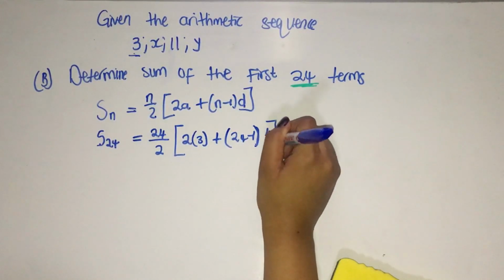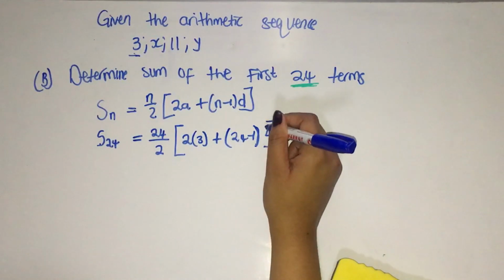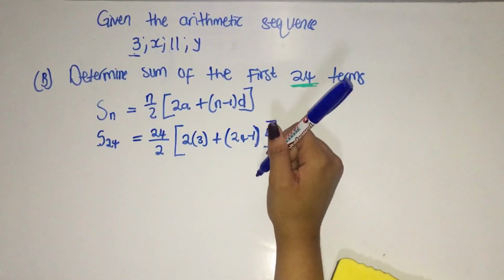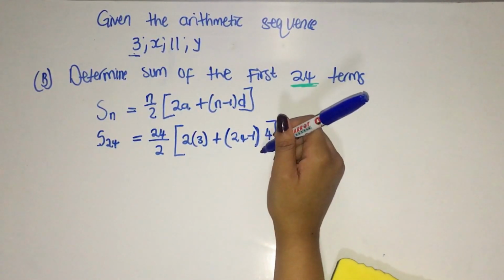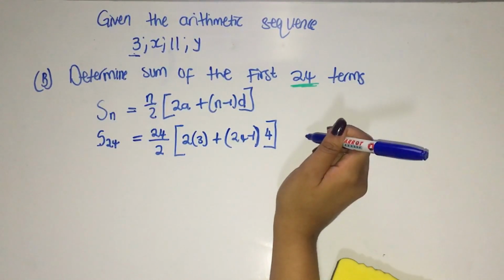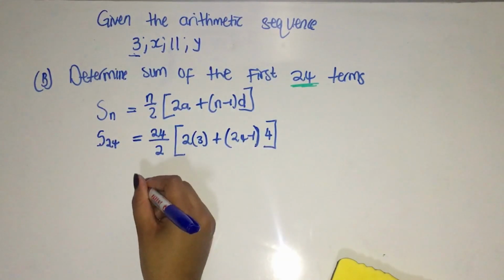Remember how we got the difference from the previous question where we solved for x and our x was 7, and then we said 7 minus 3, we got 4. I hope you still remember that.